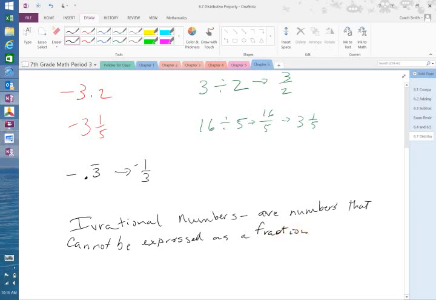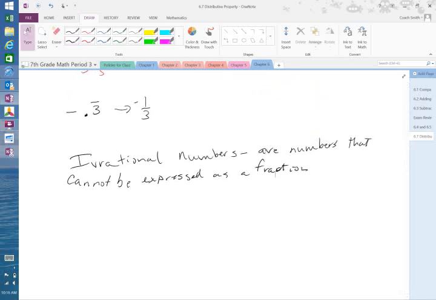An example of an irrational number would be the square root of 5.